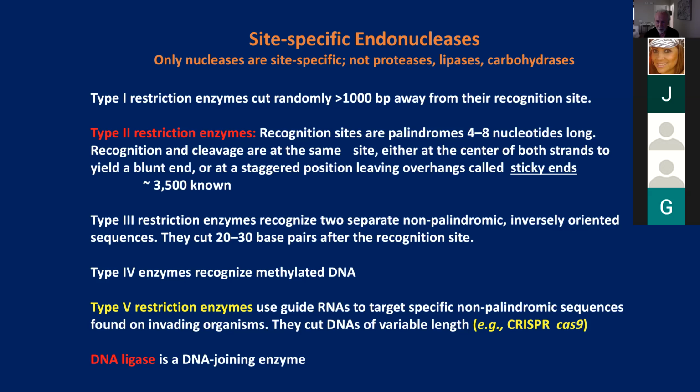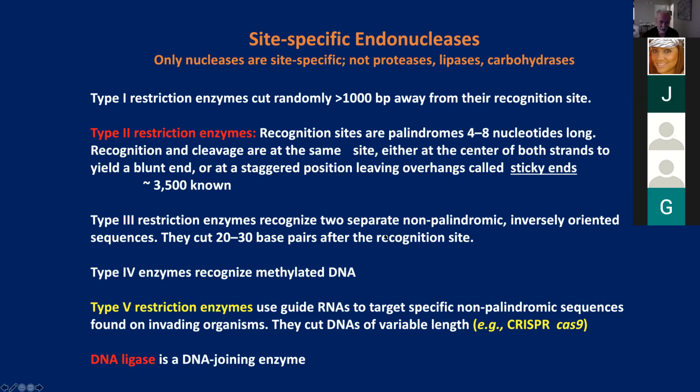They're 4 to 8 nucleotides long. And what's important is that the recognition site and the cleavage site are the same. They cut either at the center of both strands to yield a blunt end or at staggered positions, leaving sticky ends. There are about 3,500 type 2 restriction enzymes known. That's a lot. It's a big tool chest.